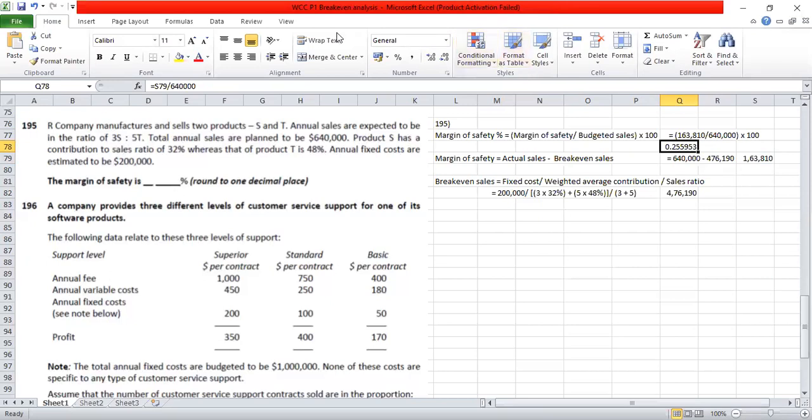Is this the answer? 25 point something, 25.6. There's no space here, so I just adjusted here. I hope you both can understand it later on, even when the file comes to you. The next question is 196.